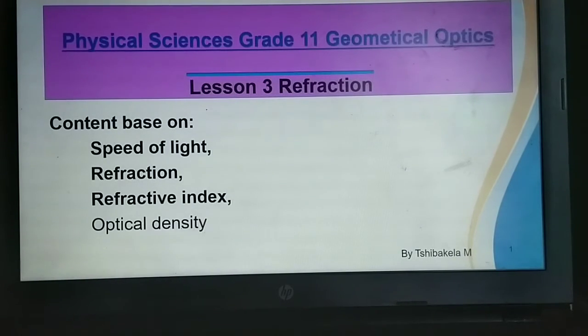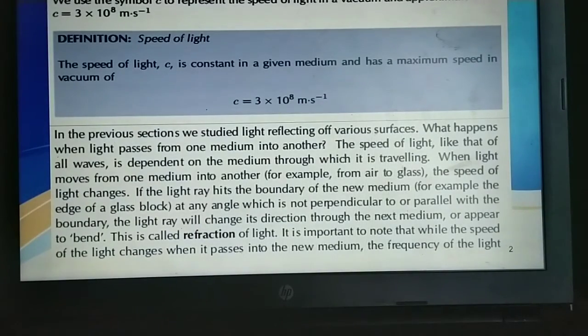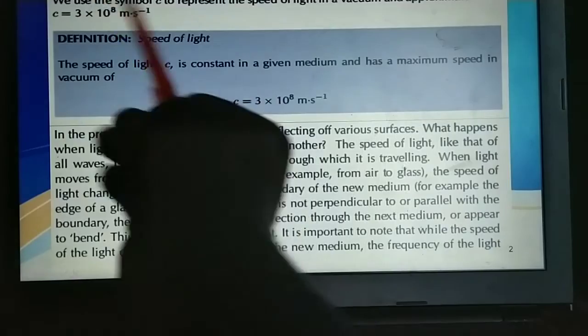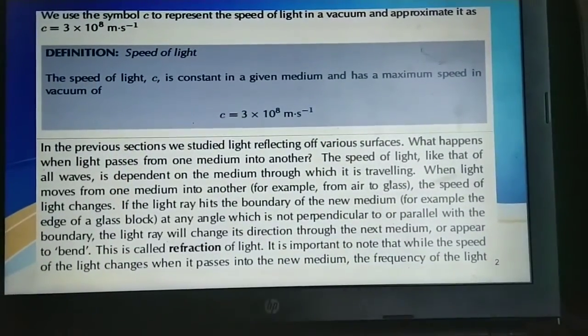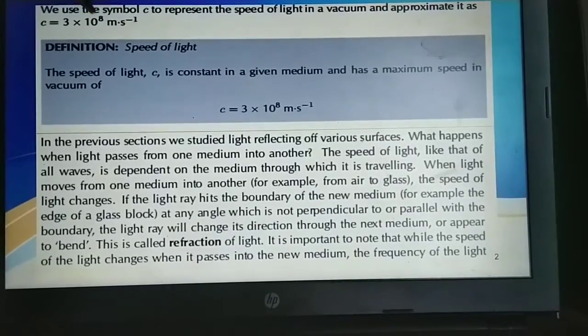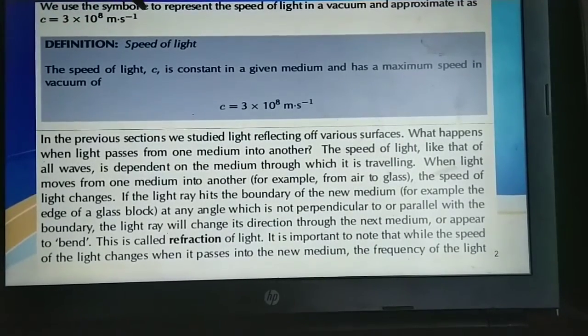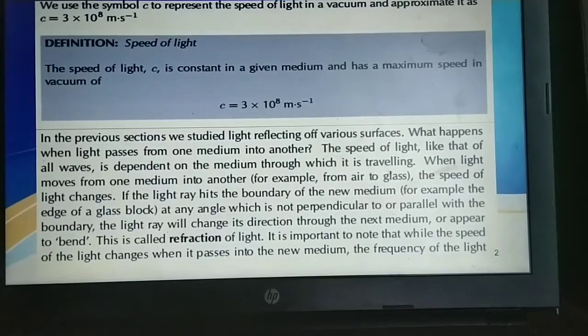So we all know that the speed of light is equal to 3 times 10 to the power of 8 meters per second. We use the symbol C to represent the speed of the light.